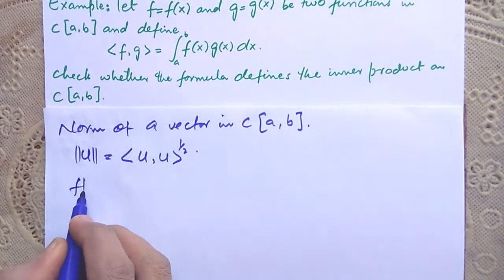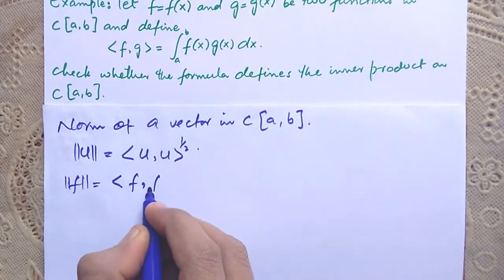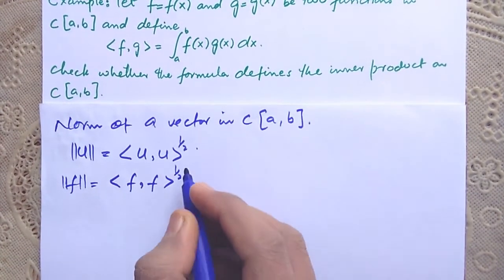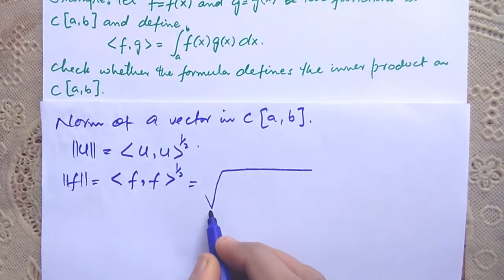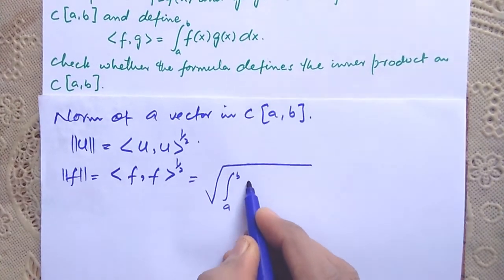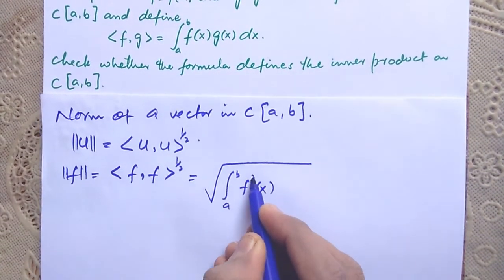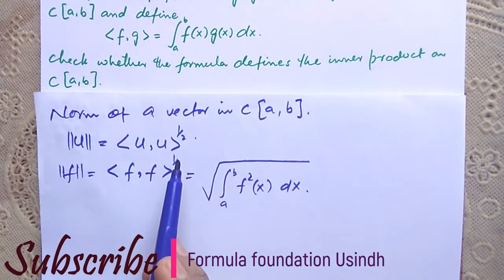So the norm will be the product of f with itself whole power 1 upon 2, or square root, or it can be written as the square root of the integral from a to b of f square of x dx. Remember that it is not the Euclidean inner product.